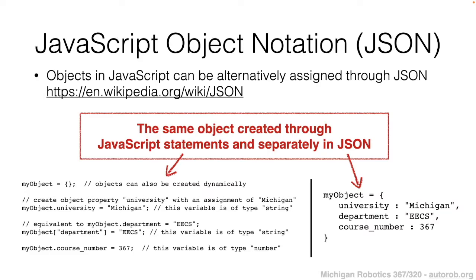And so if you organize the properties as a comma-separated list within the curly brackets, this is another valid way of specifying an object within the JSON format.